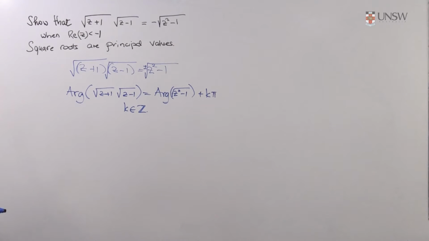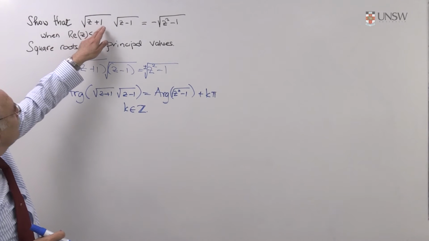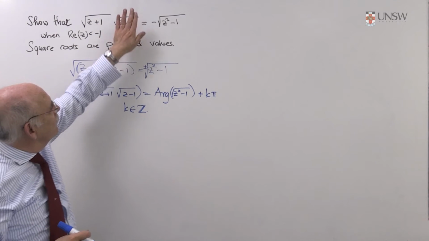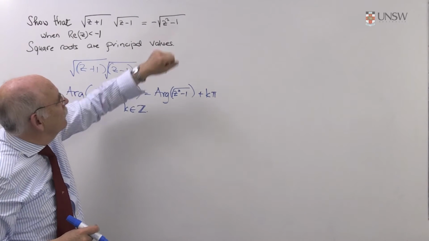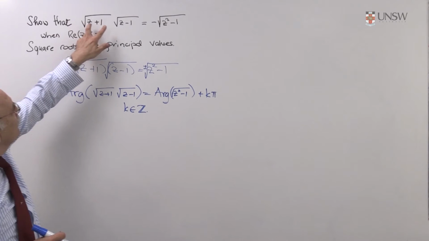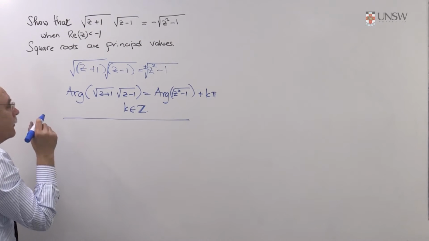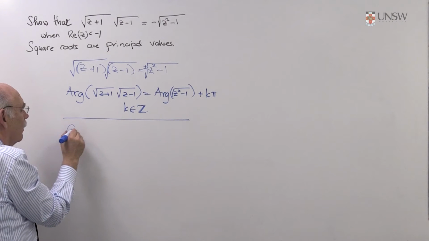If k is an even integer, it means that these arguments are the same, and that actually means that this product of square roots is equal to plus that square root there, and if k is an odd integer, it means that this product of square roots is minus that one there. Okay, so 3 cases.